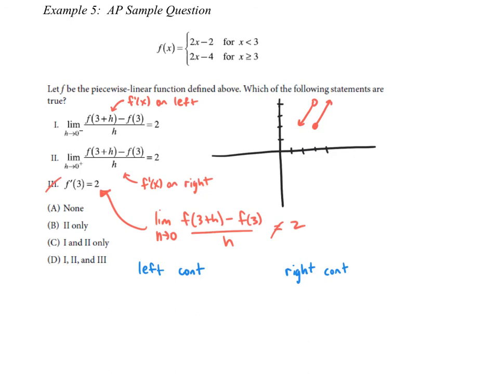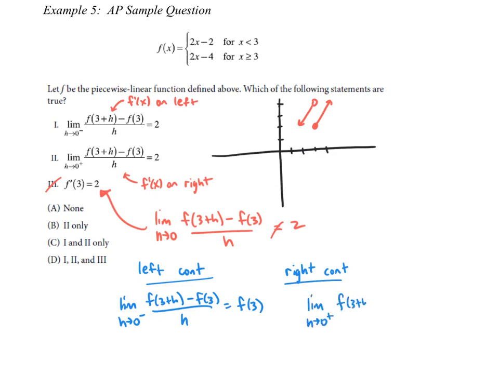Left continuity is going to say that the limit as h goes to 0 from the left of f of 3 plus h minus f of 3 over h is equal to f of 3. And right continuity is going to say that the limit as h goes to 0 from the right of f of 3 plus h minus f of 3 over h is equal to f of 3.